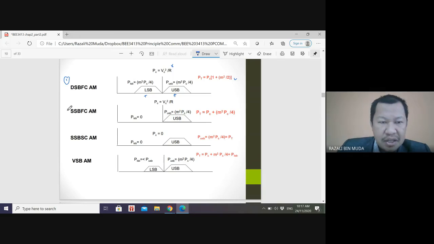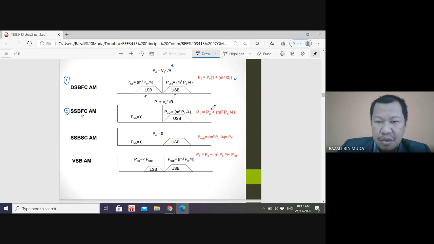Okay, the second one is single sideband with carrier, or full carrier. So you have either upper sideband or lower sideband, but in this case you have the upper sideband and the carrier.